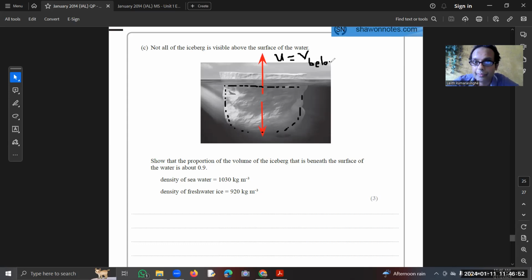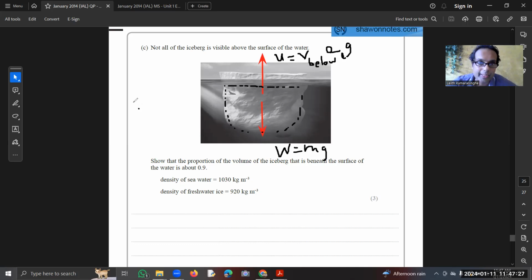And they're asking for a ratio. Normally people also say only 1/10 of the iceberg can be seen on top. Okay, then upthrust is V rho g, rho of the liquid into gravity. Weight, depending on the sum, there are many equations. Weight is equal to mg. But in this case, I can write V rho of the solid into gravity.